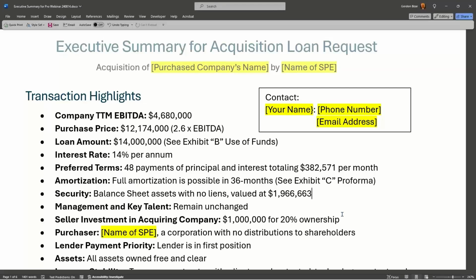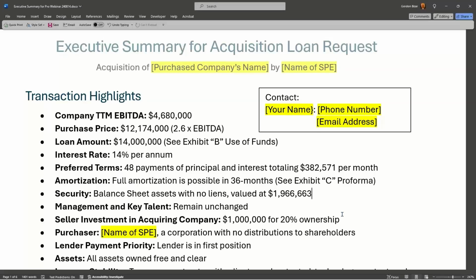Now, anywhere where you see the highlighted in yellow, those are the places that you're going to want to change, and you change them by doing a find and replace. So for example, you would type into your find and replace purchase company's name. So the company you're going to want to purchase, it's their name that would go in there.